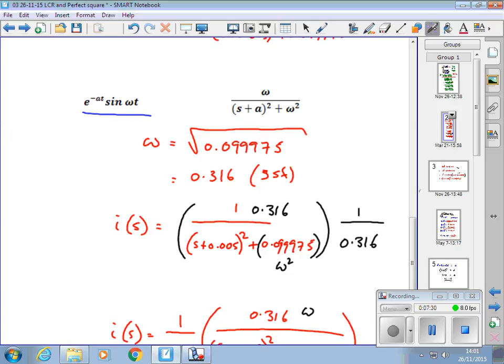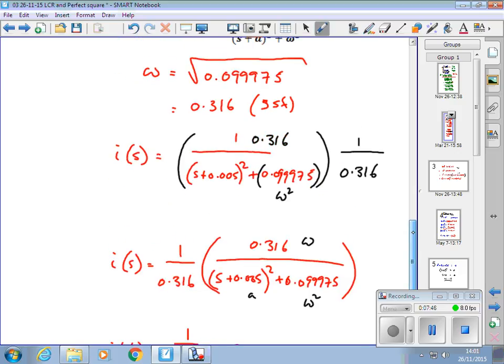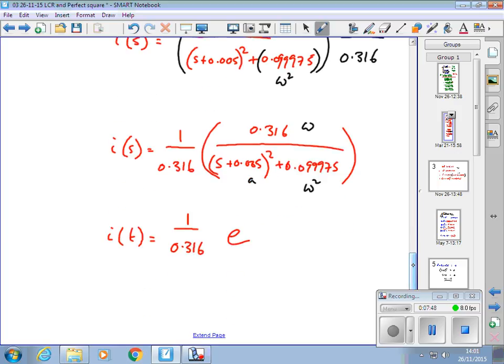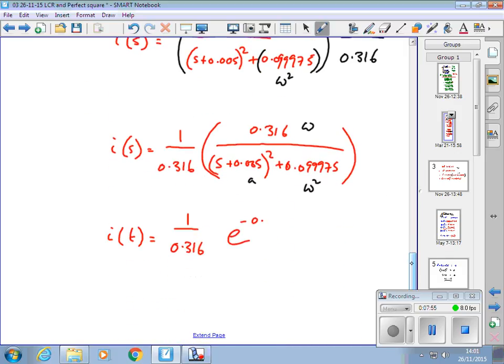And so I can write that IT equals 1 over 0.316, I mustn't forget that, e to the minus A, which is minus whatever A is, minus 0.005 t sine omega t.